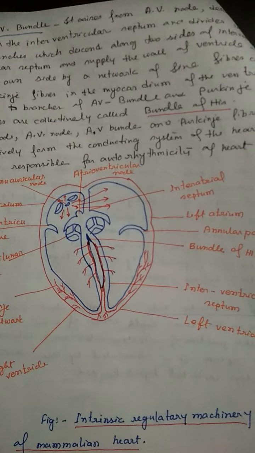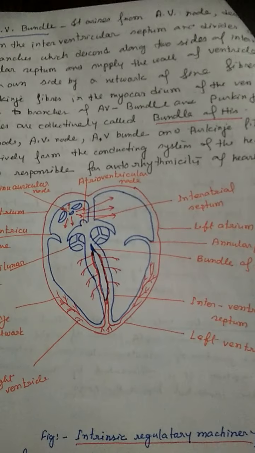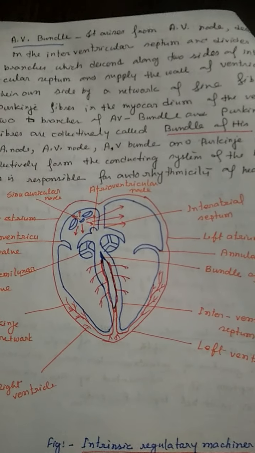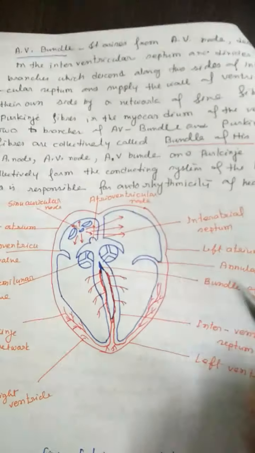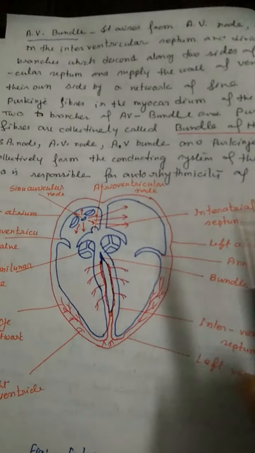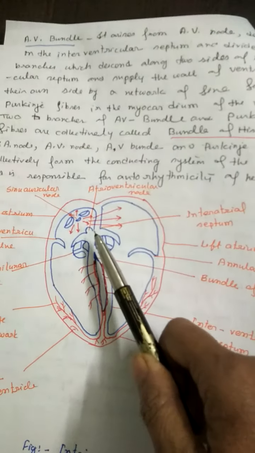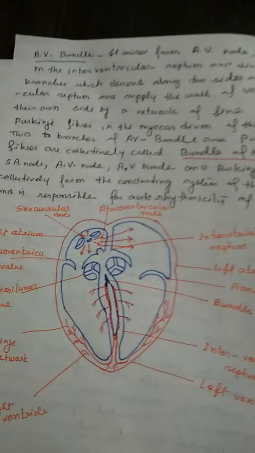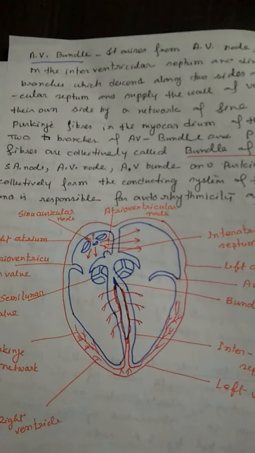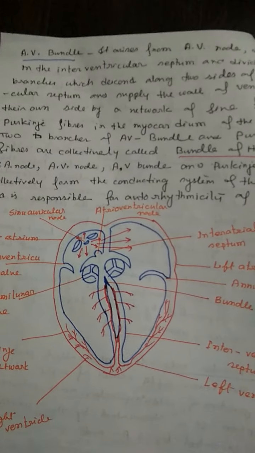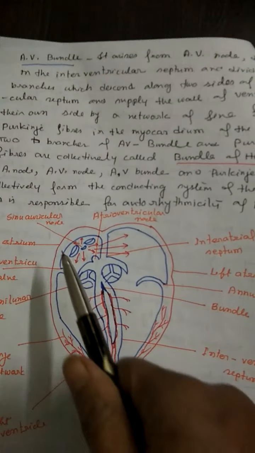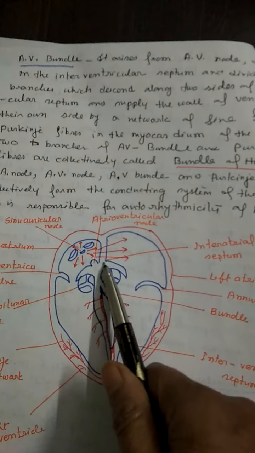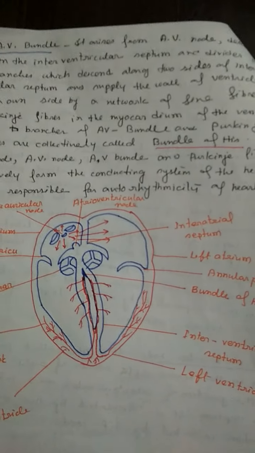Now the next one is the atrioventricular node or AV node. This one is the atrioventricular node. It is also called the pace settler. That one is known as the pacemaker and this one is known as the pace settler.